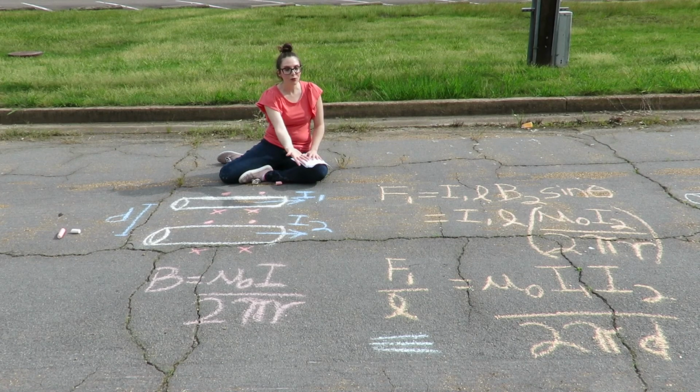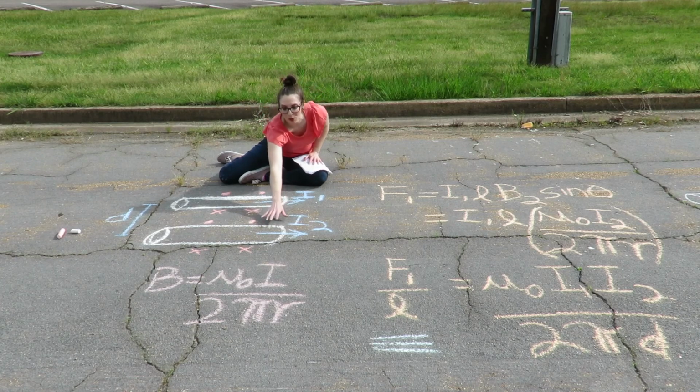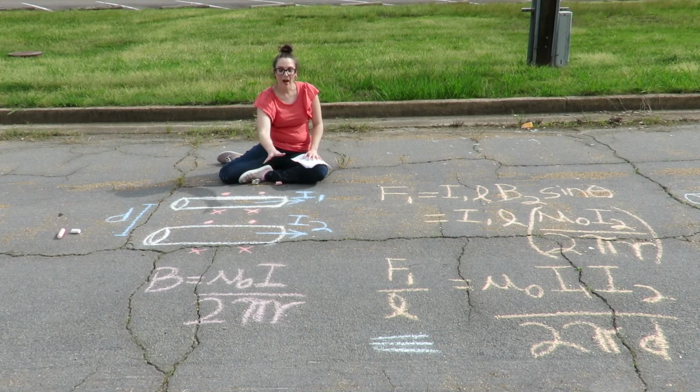And so that's the force per unit length on this wire, but it's also the same as the force per unit length on this wire, okay? And so the magnitudes of those forces on both of these wires are going to be the same.